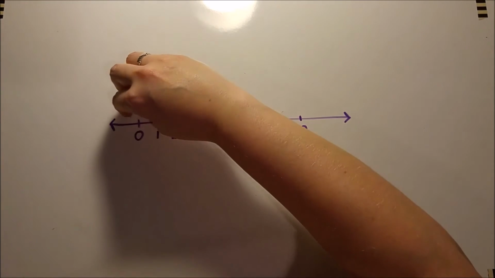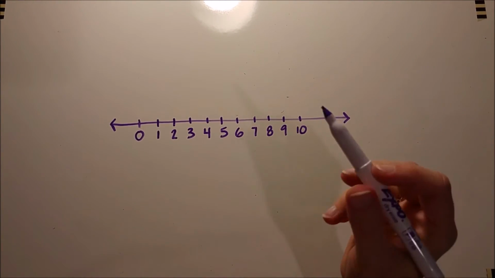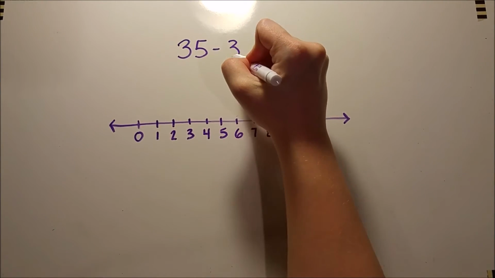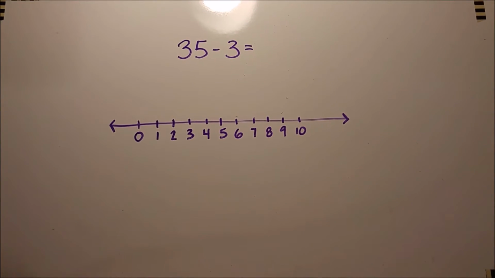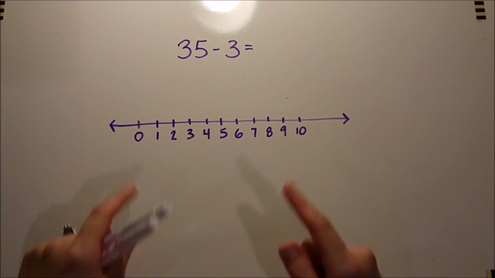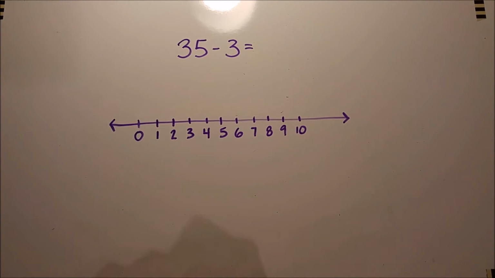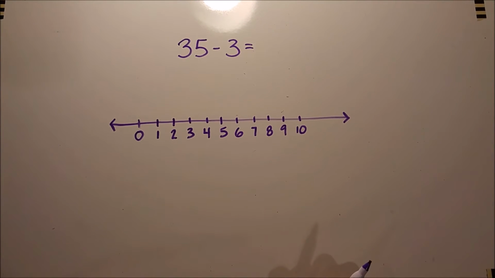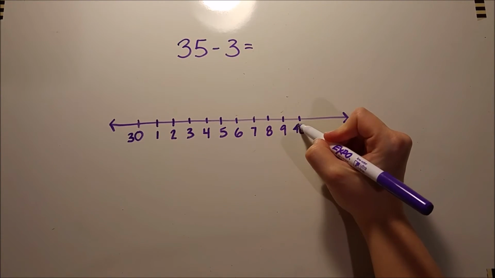Okay. So, what if you have a bigger problem than this? Say you've got one that looks like 35 minus 3. This only goes from 0 to 10. How will this work? Well, remember how I said it goes forever and we're just showing part of it? Let's move it over. Let's change this to be, instead of from 0 to 10, let's make it be from 30 to 40.